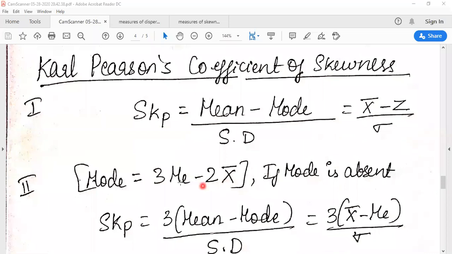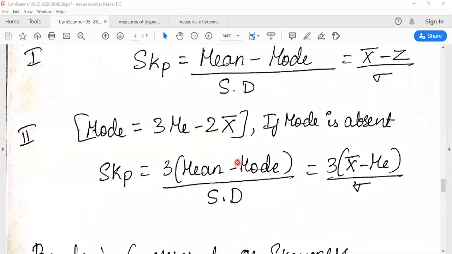You have to apply this first formula only, but subject to a condition, you have another formula. If mode is absent, if you're able to find mode using the empirical formula, it is good. But if you're not able to find mode at all, then you cannot use this formula.